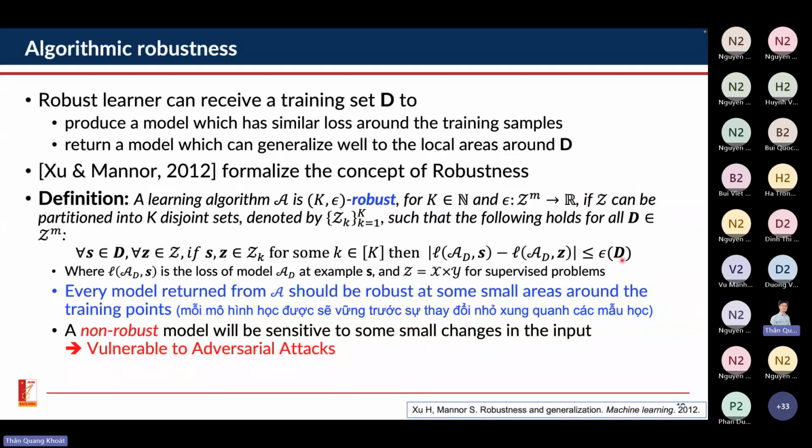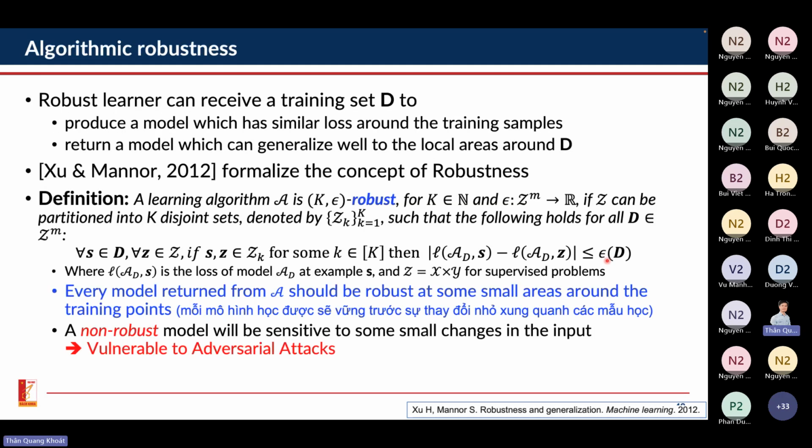Okay, and it is upper bounded by epsilon d. And this quantity represents the robustness of the learner. A small change in the input should produce a small change in the loss. And in that case, it is called a robust learner.